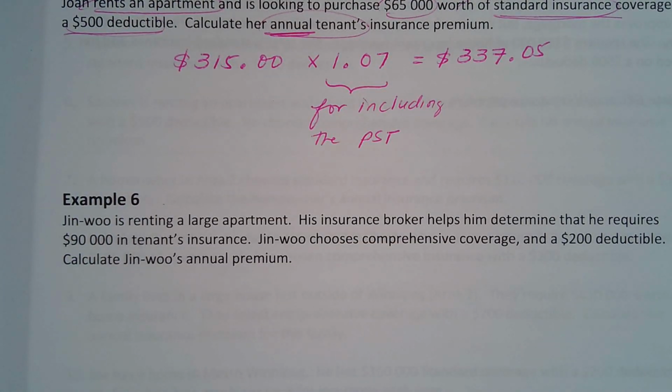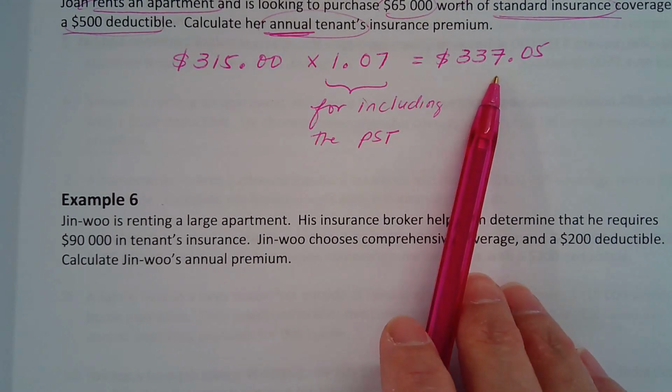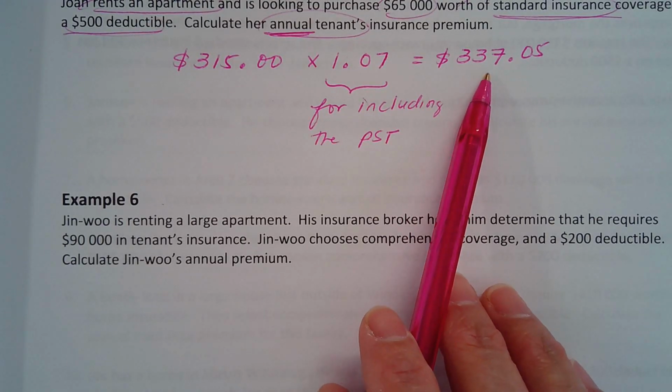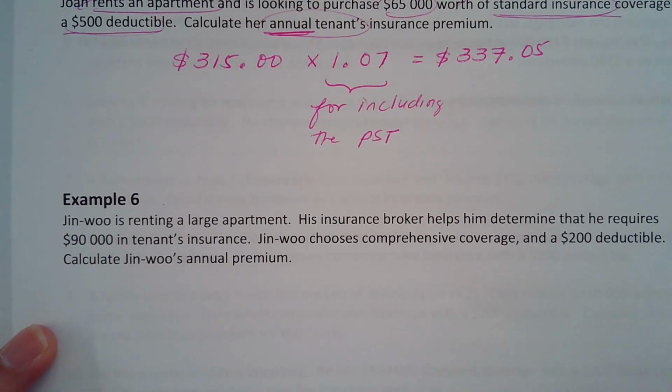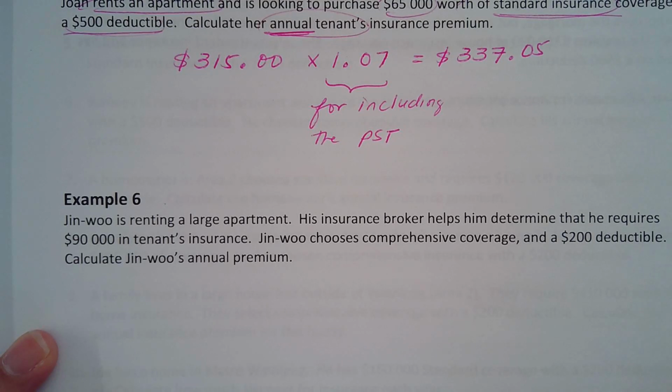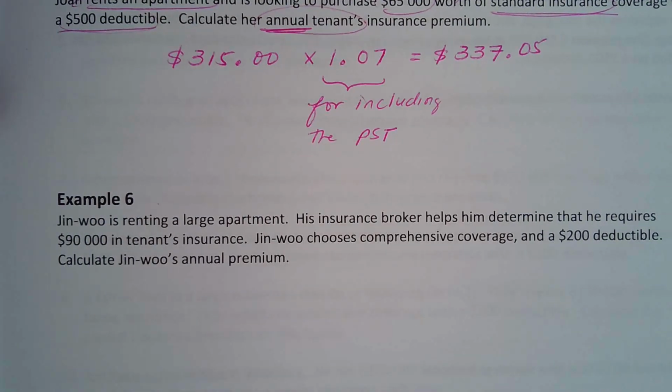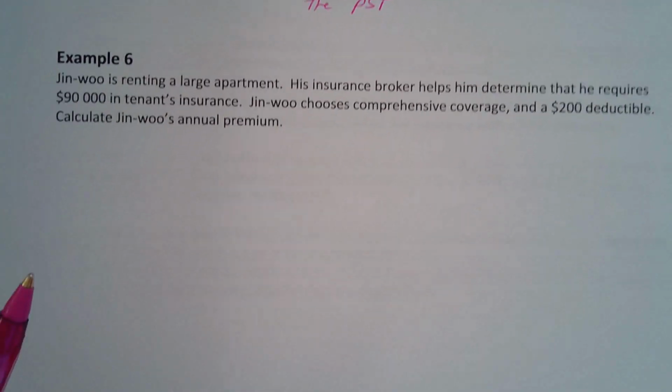So it includes the 315 along with the 7% tax. Okay? Is that good? Okay, take a look at example 6 and we'll probably stop right here.